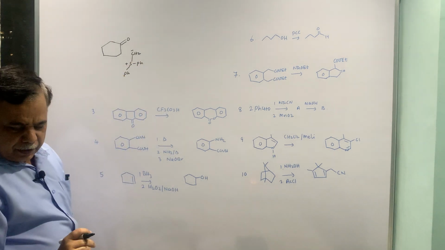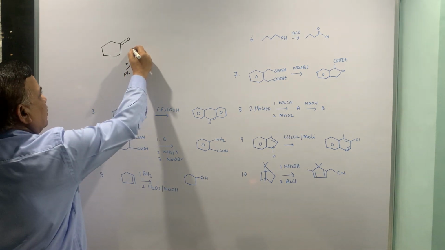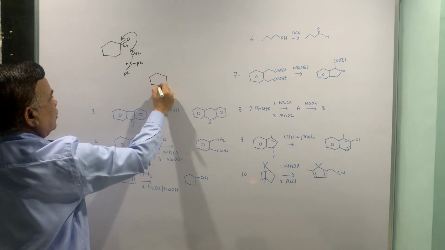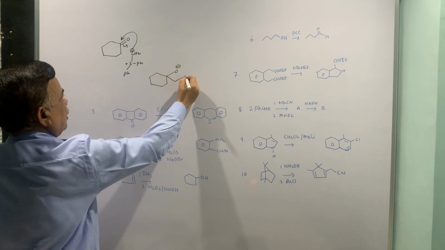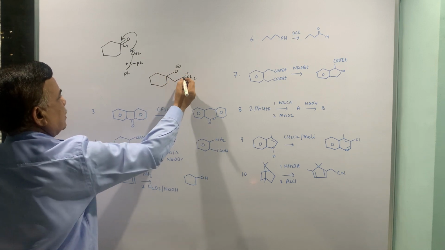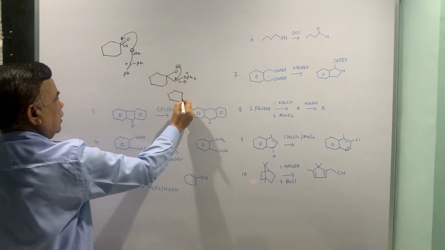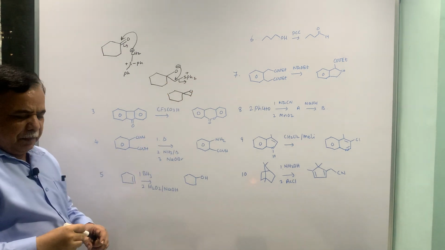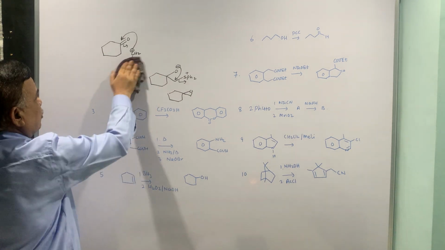Okay, this is the ylide, and just show it this way. O minus, CH2 and SPh2 plus. This O comes here, this goes off, and ultimately you get an epoxide. So that is one of the methods of synthesizing epoxide starting from ketones.